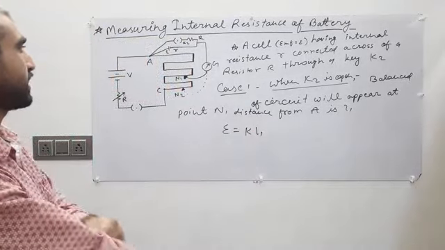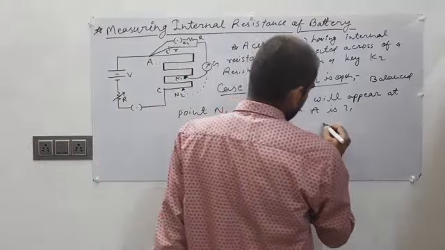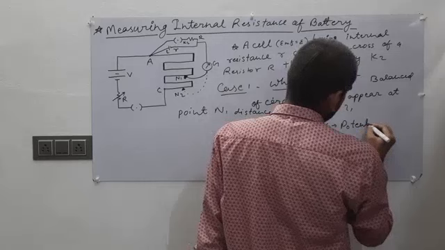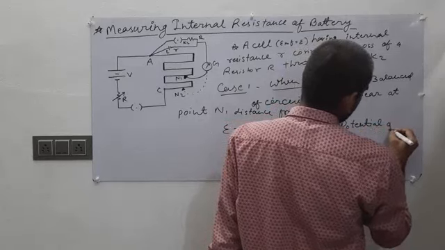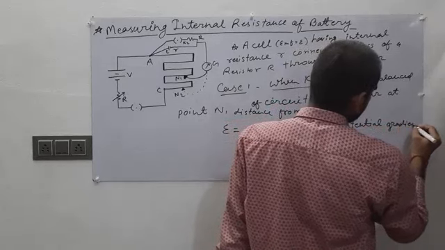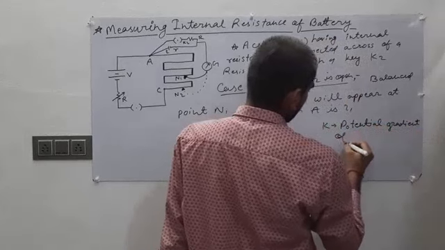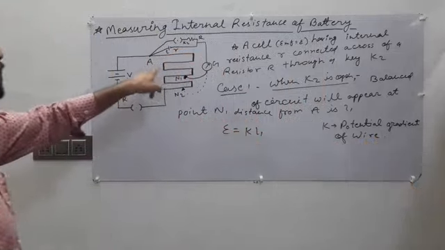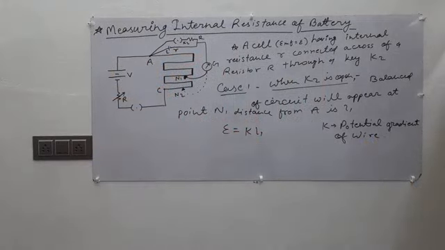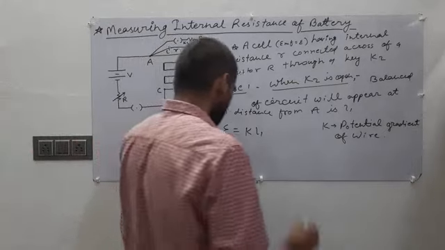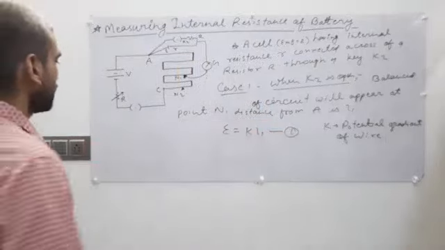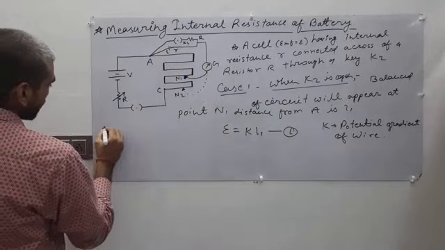K is the potential gradient of wire. Okay, this is the wire of potentiometer. Now this will become equation number 1.